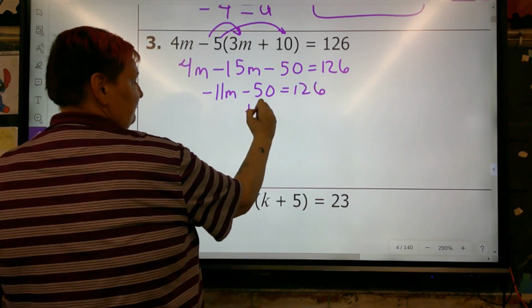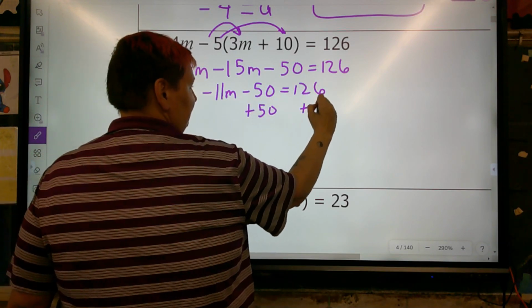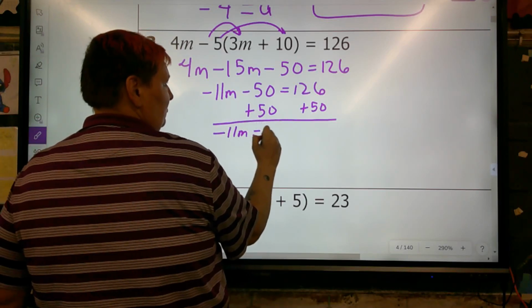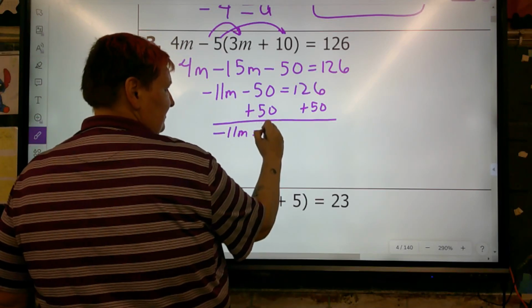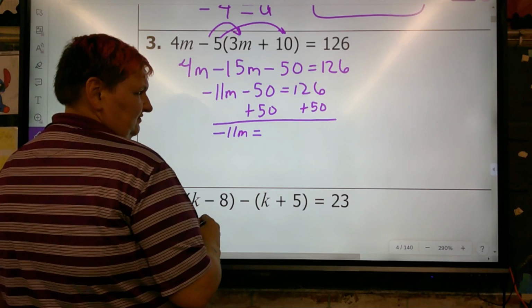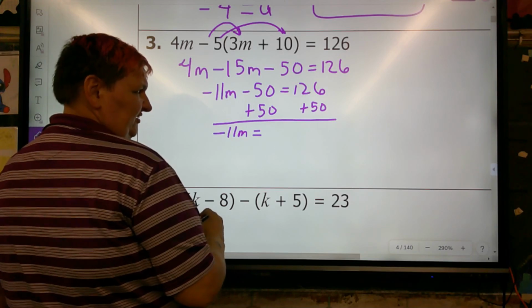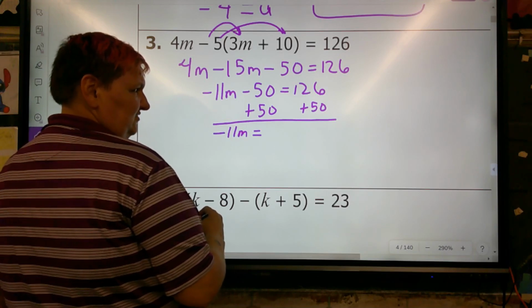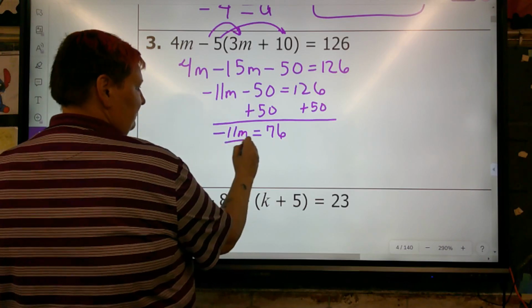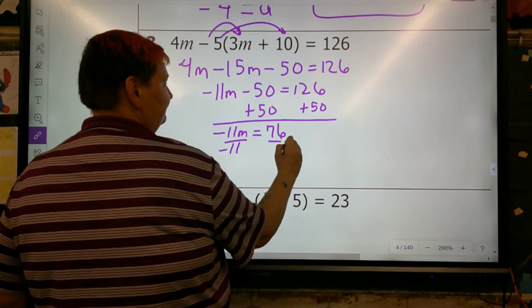Get rid of the constant first. You're left with negative 11m equals 176. Divide by negative 11.